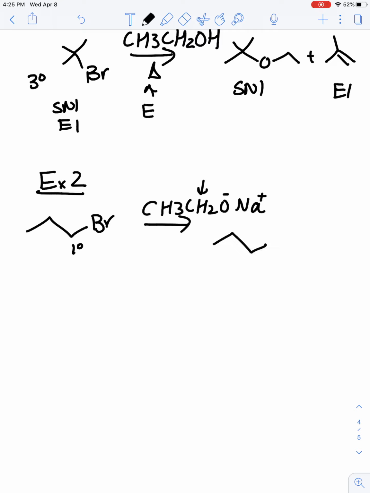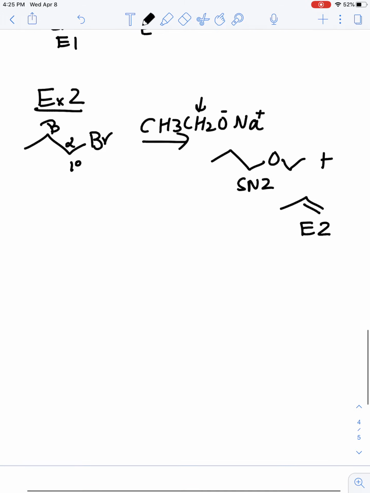So what would happen is our two products would be our SN2 product, plus we would have our E2 product. So again, we have our alpha here, beta. The E2 product is going to be a one-step product, and it's coming from the removal of a beta hydrogen. Now, what if we change that base?